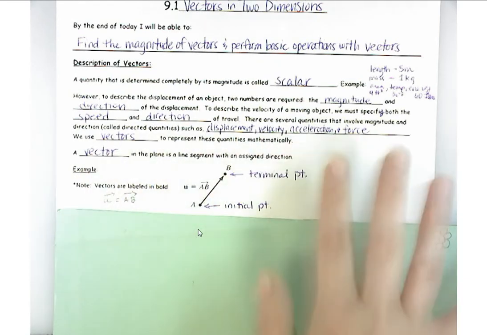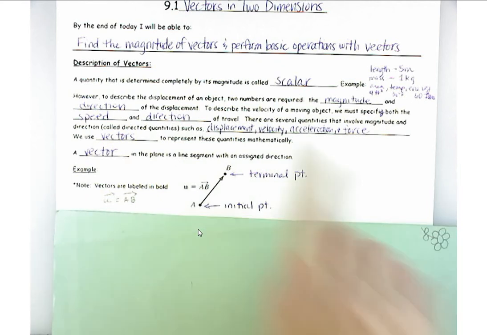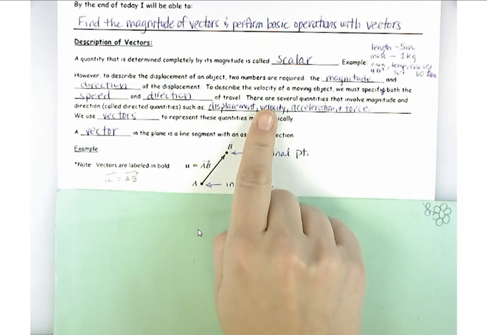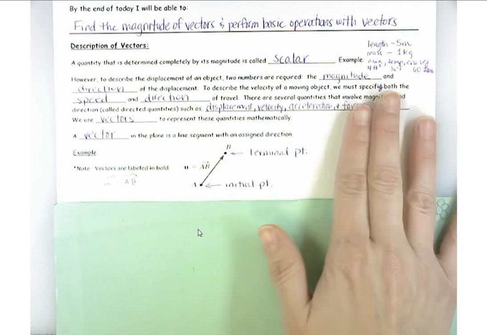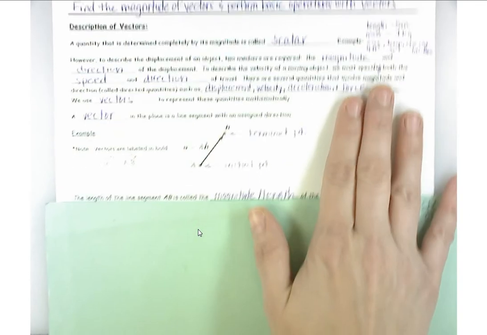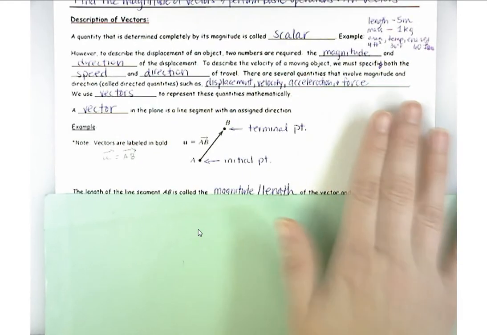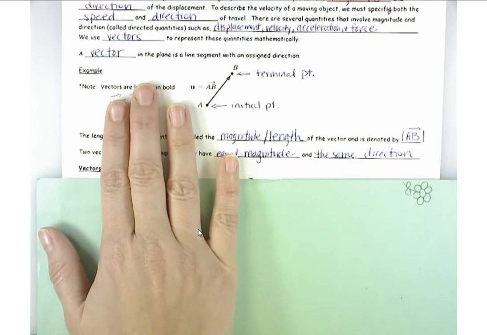Several quantities have magnitude and direction, such as displacement, velocity, acceleration, and force, and we use vectors to represent those quantities mathematically. A vector in the plane is just a line segment with an assigned direction. I'm going to let you copy that part down.